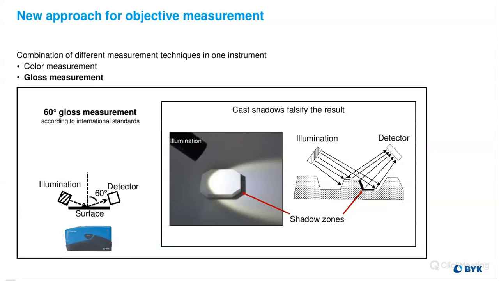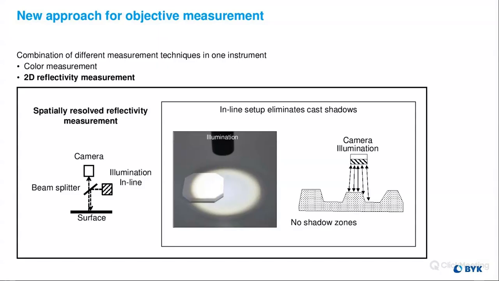It's not truly an absolute measurement. That's why we add not only 60-degree gloss, but also the 2D reflectivity measurement, to give you a full representation of how that surface is reflecting. Nice. Thanks for going into that for us.